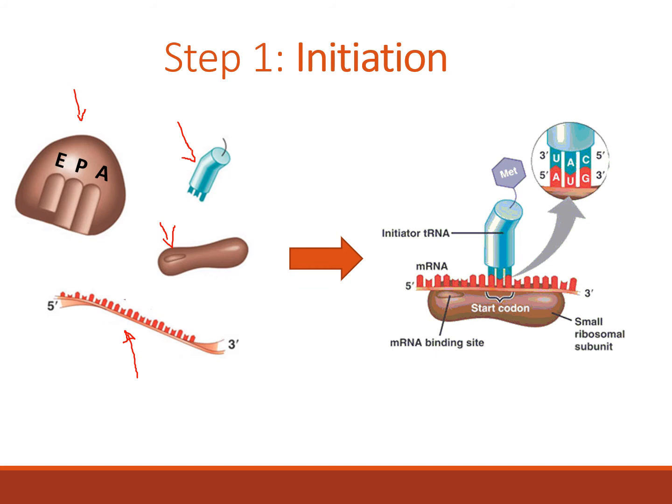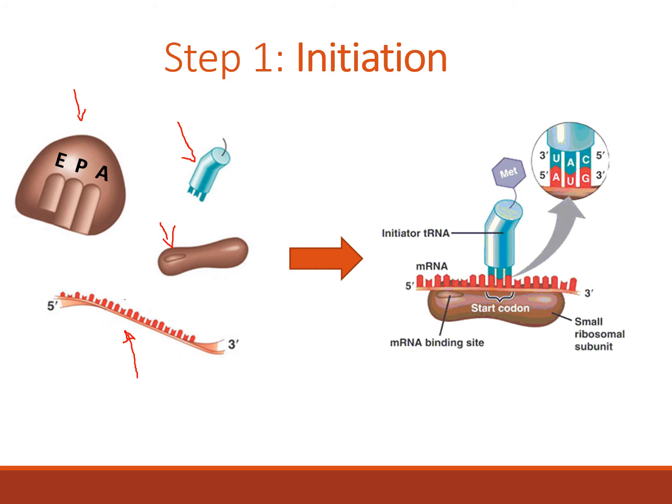So the first thing that needs to happen is we're going to have our messenger RNA orient itself so that it is 5' to 3' on the small ribosomal subunit. While that's happening, our initiator tRNA is going to bind with our start codon.